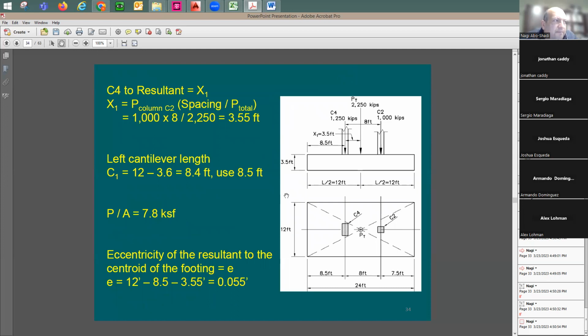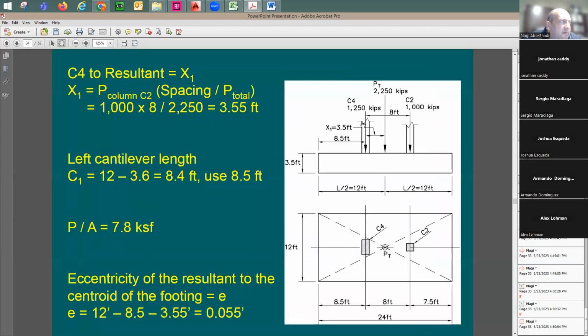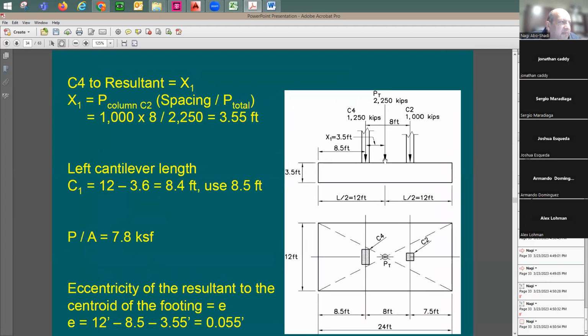If I may enlarge the picture a little bit, this distance from the resultant to the left column, the 1250, I'm going to call X1. In statics, to find X1, you take the moment about this point for these two forces.